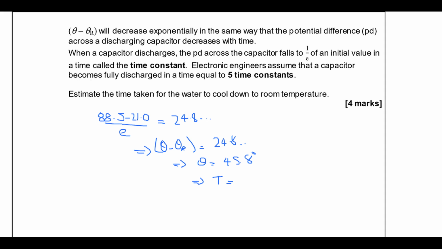So we can get one time constant where if we go to 45.8 on our graph and read down, I reckon that is 390 seconds, which means that the time taken is going to be 5 times that. So 5 times 390 is 1950. So that's going to be 2.0 times 10 to the 3 seconds to 2 significant figures. Okay, so let's see how we go with that.